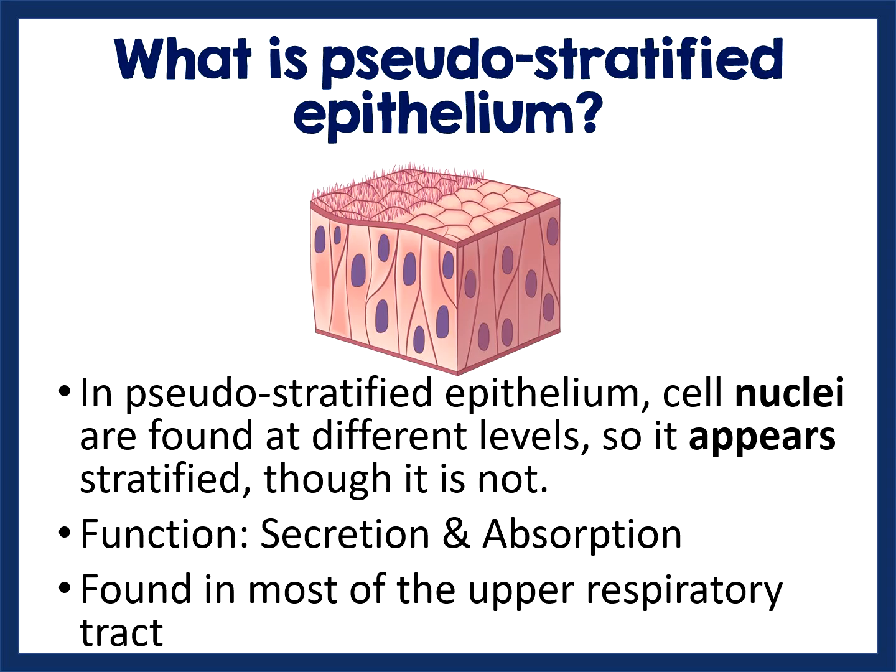And these guys typically have goblet cells and they have cilia. So they're going to be secreting a bunch of mucus, right? So secretion. And then that mucus can capture particles, and the cilia can beat and move those particles up so that way they don't go down into your respiratory tract.